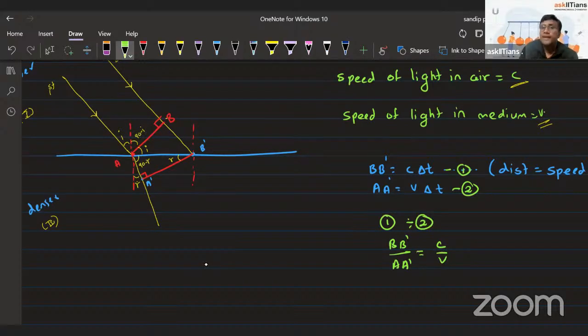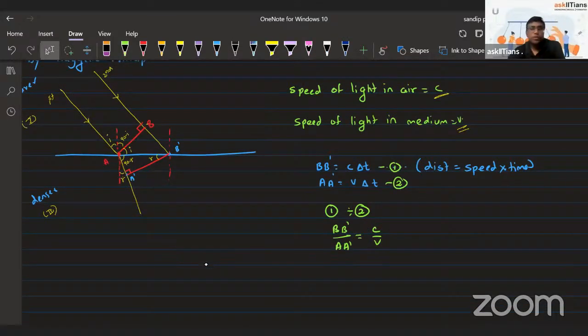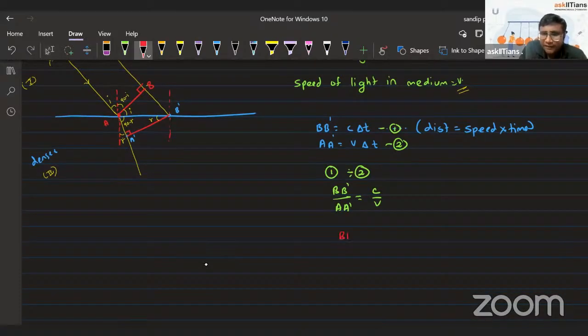And c upon v is nothing but the ratio of the velocities, and that is also equal to the refractive index of the second medium with respect to the first. So BB dash upon AA dash is equal to n of second medium with respect to first. Why? Because we know that c upon v is equal to refractive index n.